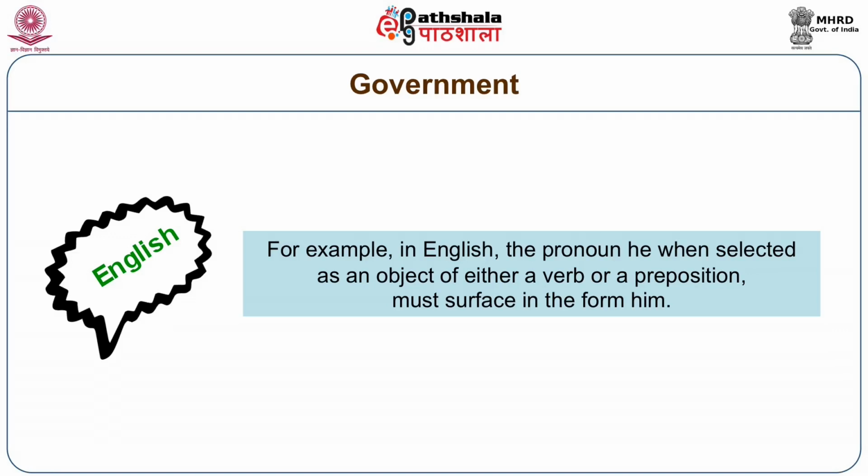In English, take any two-place predicate like know. In a sentence like 'I know him', the form change between he and him does not seem to carry any meaning change. However, that change is obligatory.